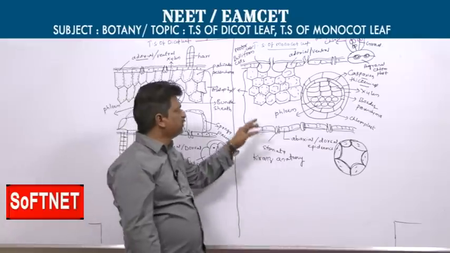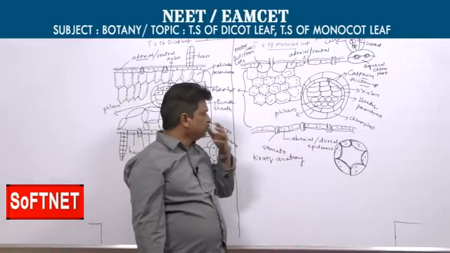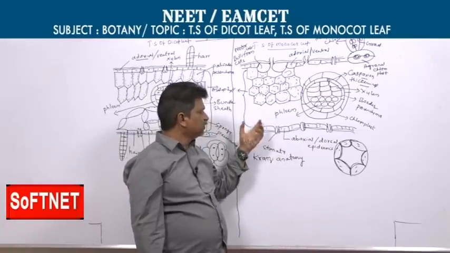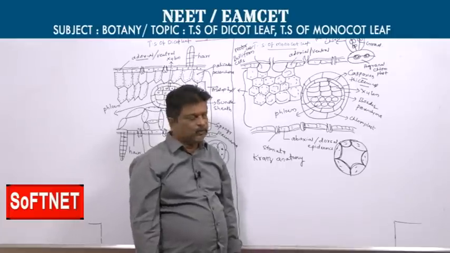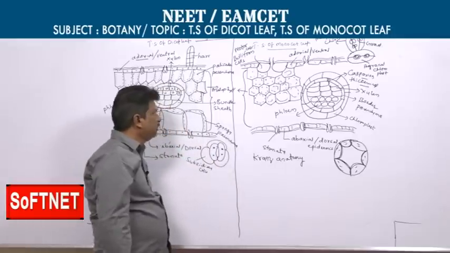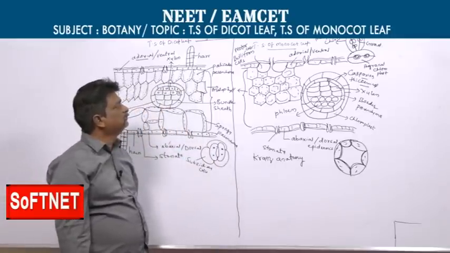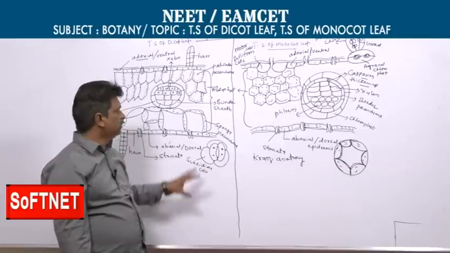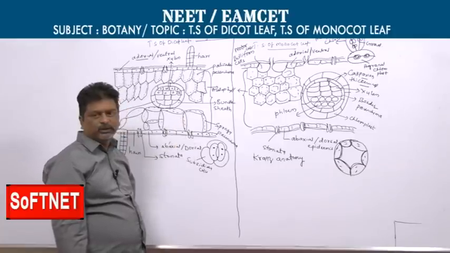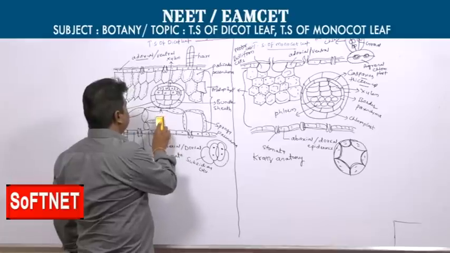In some grasses, silica crystals are generally present, absent in the dicot leaf. These are differences and some important features of the leaf.